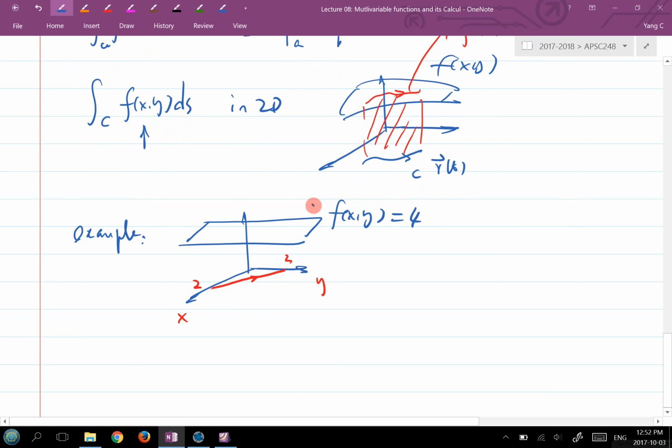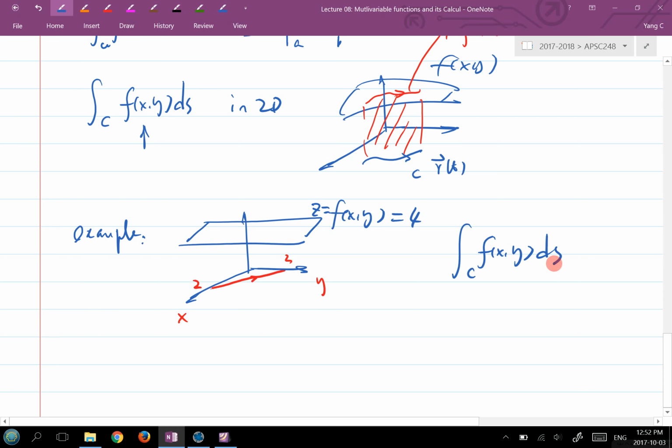That is z equal to 4, which I will touch upon after this example. This is a plane, right? When you see z equal to 4, it's a plane parallel to the xy plane. And then we're going to integrate this function f of x, y over the curve C. That's the scalar line integral we're looking for.